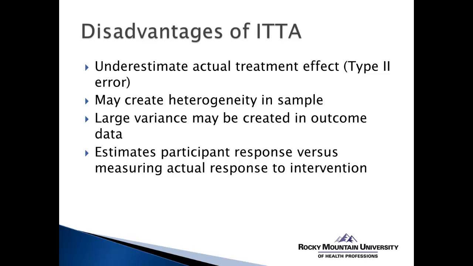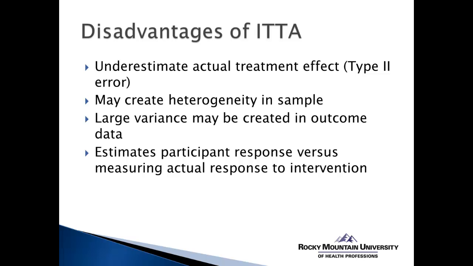Also, the endpoint data or the outcome data might differ significantly among non-compliant subjects and compliant subjects. So this might create some very large variance in the outcome data, and so interpretation might become really difficult if a large proportion of our subjects are non-compliant or maybe got the wrong treatment.